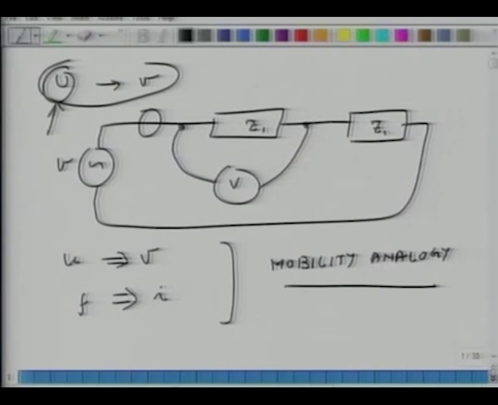It is also called the inverse analogy. There is another set of analogies which is called the direct analogy or impedance analogy, where these mappings are just the opposite. So, we will very quickly go over that. What we are going to talk about is the direct or impedance analogy.